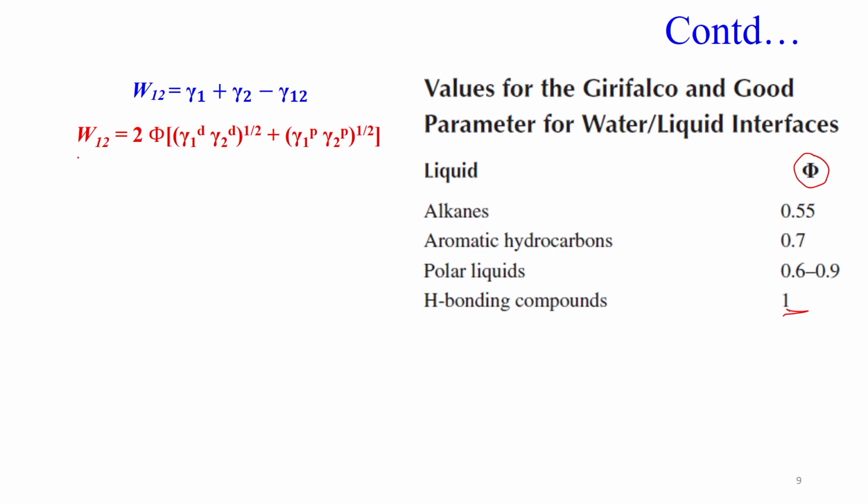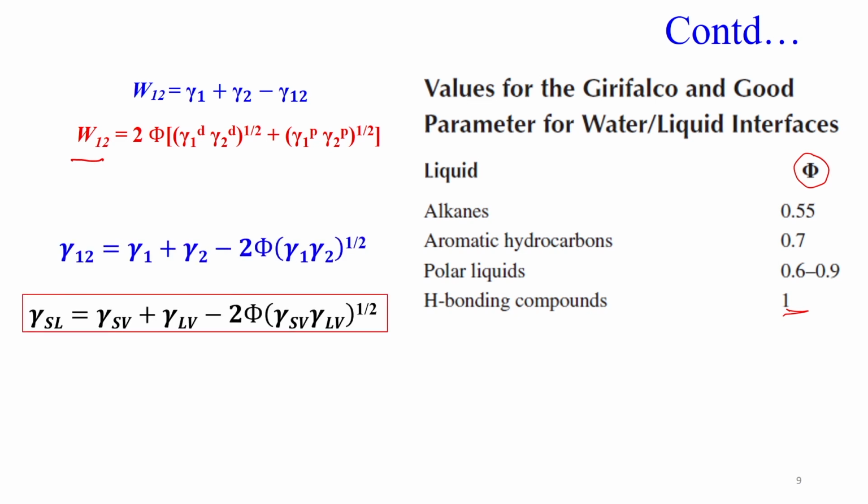As I told, the work of adhesion we can write in terms of surface tension. From the work of adhesion we can also write the interfacial tension: gamma 12 is equal to gamma 1 plus gamma 2 minus W12. We can calculate the interfacial tension between solid and liquid.